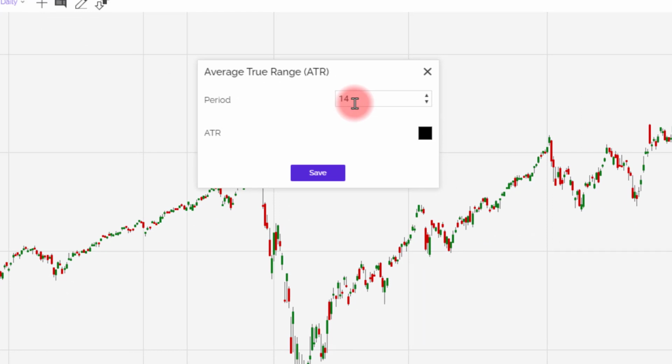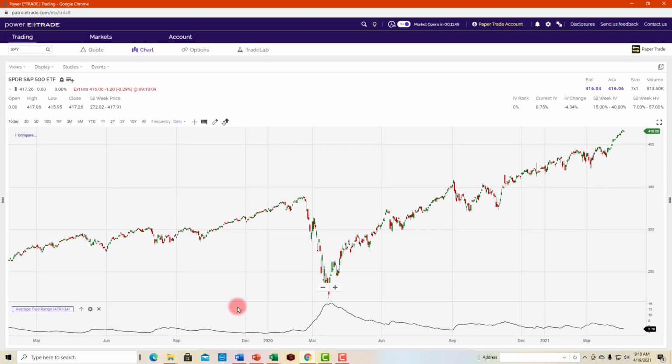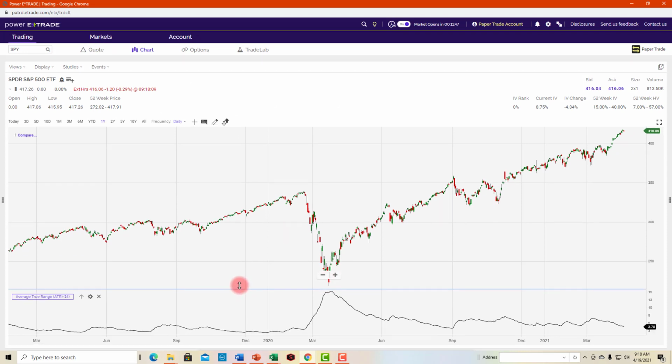I also said there's an averaging method that's going on here, and that's what he's doing. He's looking back over the last 14 calculations, let's say the last 14 trading days. So we could change that, but for the most part, I would leave the defaults. You can change the color if you wish, choose Save, and there is your ATR.